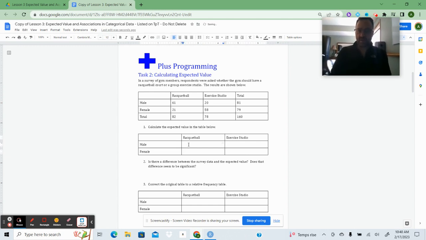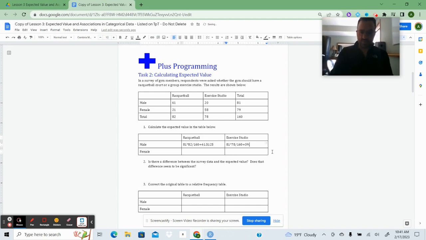So for racquetball, for males, we would do 81 times 82 divided by 160. And I'm using a calculator, 81 times 82 divided by 160. And that gives us 41.5125. And then here for exercise studio, how many males want an exercise studio? You go 81 times 78 divided by 160. And I'm just showing my work here too, so that you can see what I did for the calculation. So 81 times 78 divided by 160.